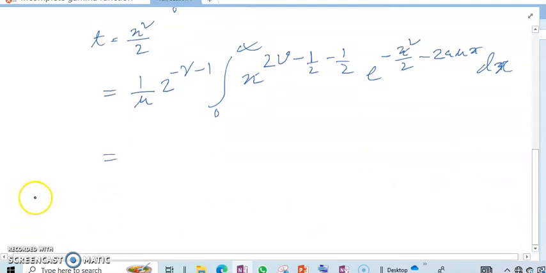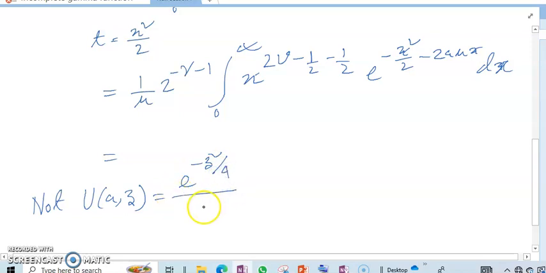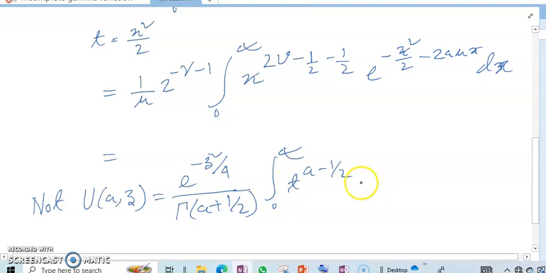We know the Whittaker function U(a, z) equals, this is the Whittaker function, friends, e to the power minus z square by 4 divided by gamma(a plus half), times the integral from 0 to infinity of t to the power a minus half e to the power minus half.